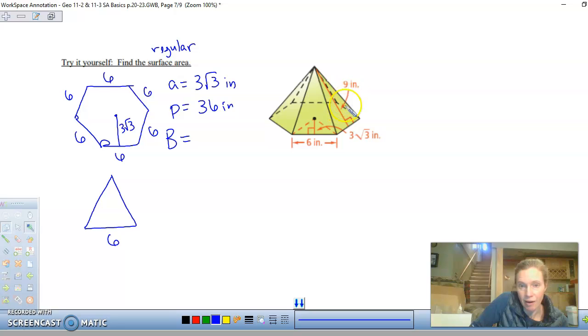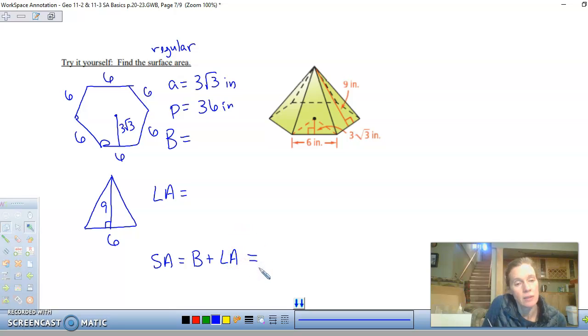And then here that arrow points to that slant height, which you need for this. So the slant height here is going to be 9. Okay, so you're going to use those triangles to figure out your lateral area. And then in the end, remember, you just add up the base plus the lateral triangles. So I'm going to have you pause and figure out that surface area.